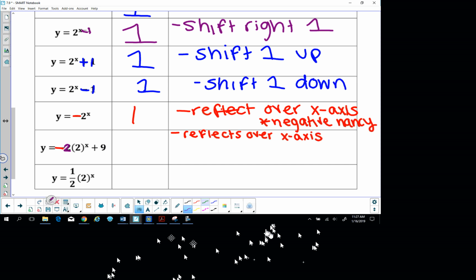Perfect, vertical stretch of 2. And what does this guy mean right here, plus 9? Up 9, or vertical shift. Yeah, so up 9. So total, there's 3 shifts.